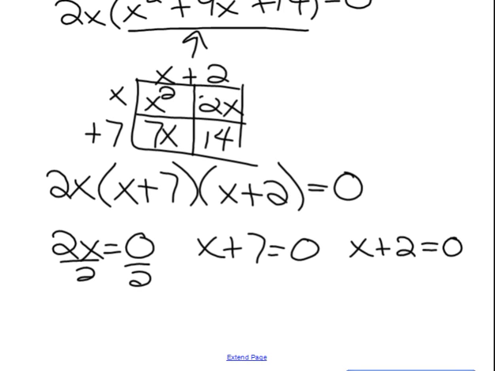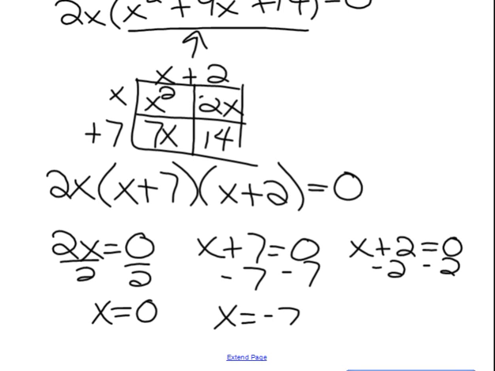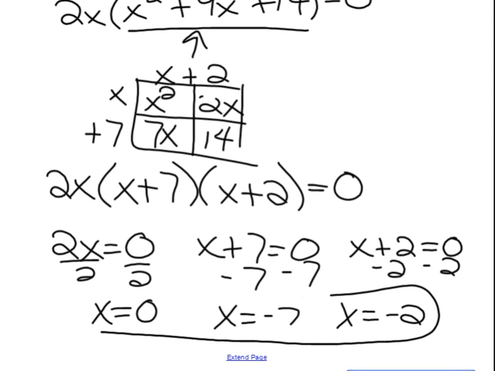Divide by 2. Subtract 7. And subtract 2. Notice I have 3 answers, and since I had an x cubed, I need 3 answers. And there you go.